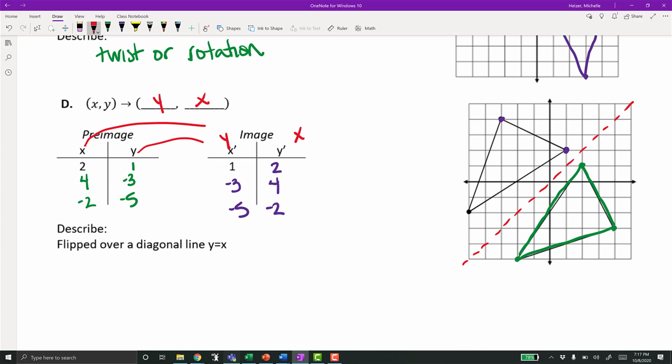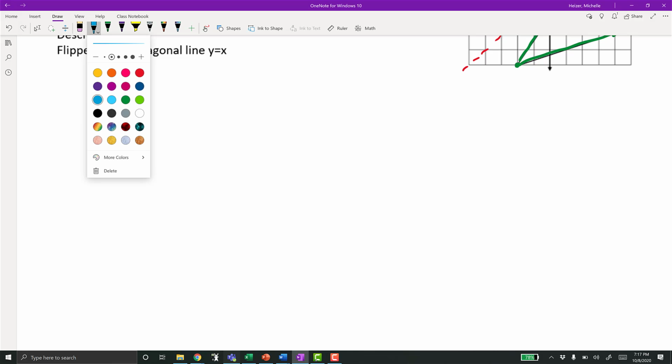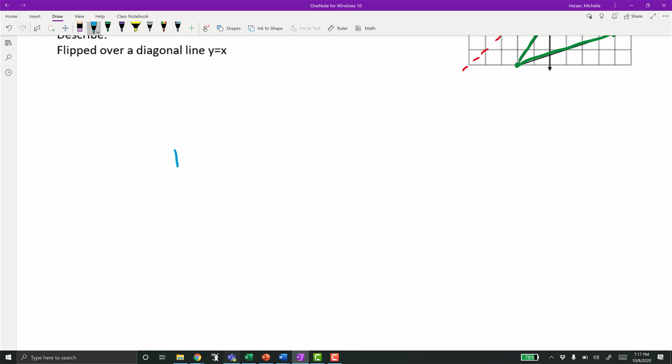So just to list some of the things that we maybe need to keep in mind as we're doing our homework, let's put our points to remember. Pre-image to image.